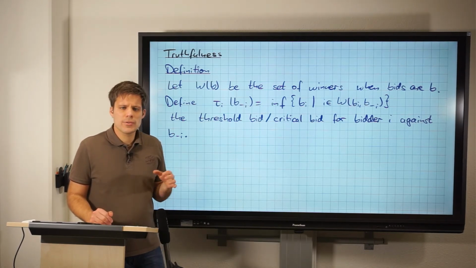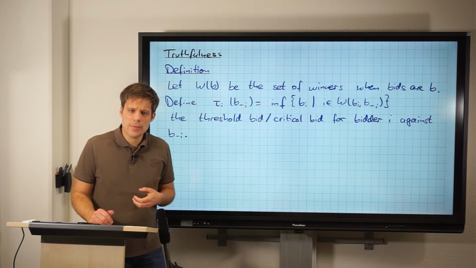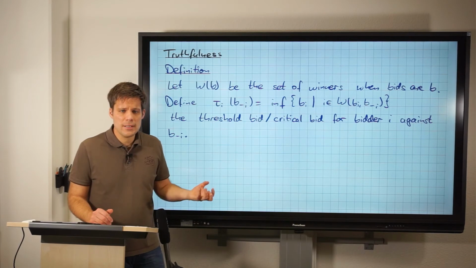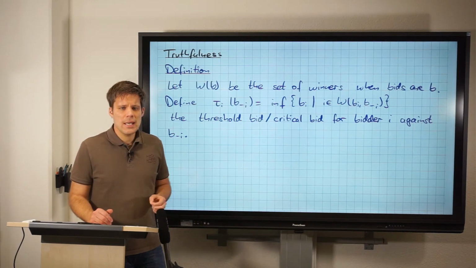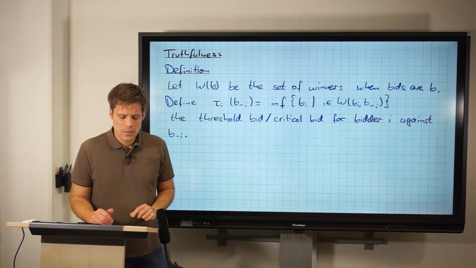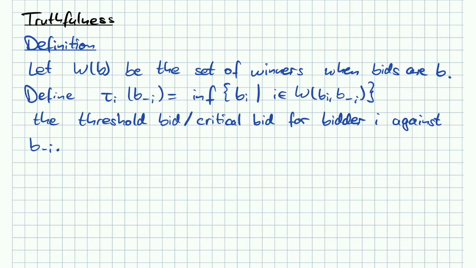Here, of course, we won't be using these first price kind of payments, because those won't yield a truthful mechanism, but still it is very related, because eventually this will just be our payments. How does this turn out now exactly?